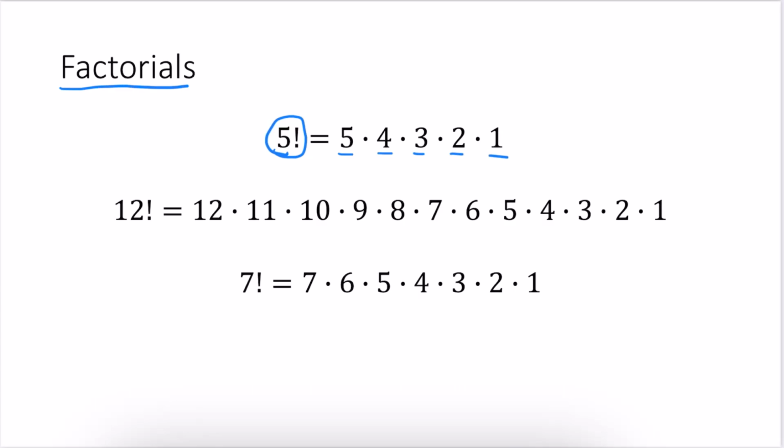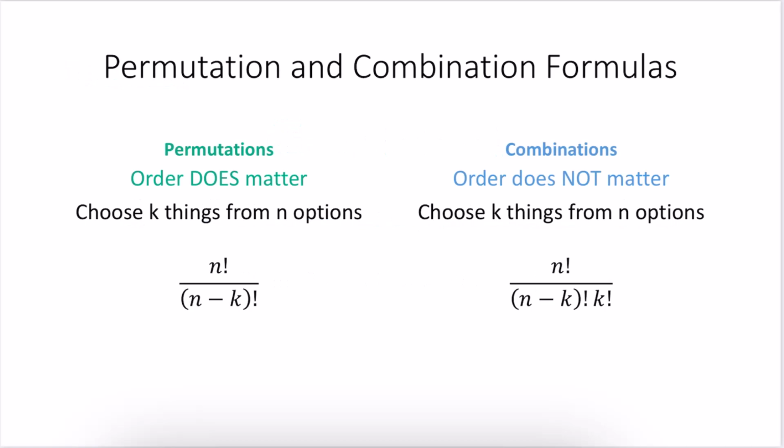Essentially you multiply by each preceding number until you get down to 1. So 12 factorial would be 12 times 11 times 10 times 9 times 8 times 7 times 6 times 5 times 4 times 3 times 2 times 1. So that's what a factorial means. And the permutation and combination formulas are written in terms of factorials. So let's look at the permutation one first.